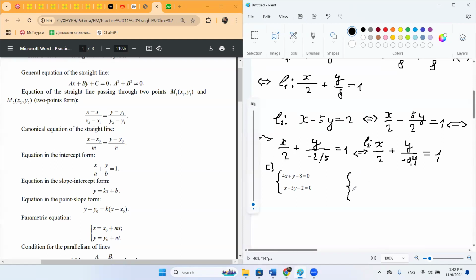So now just solving it with substitution. So x equals 5y plus 2.